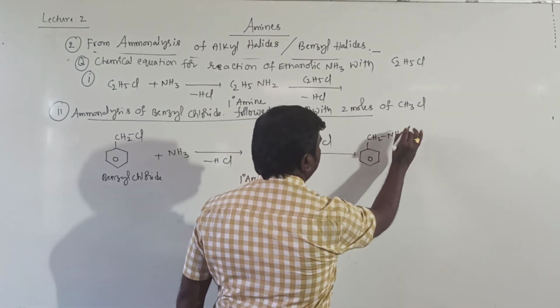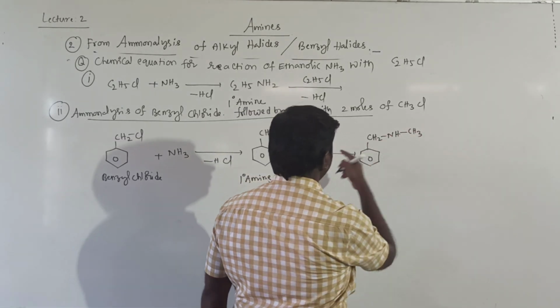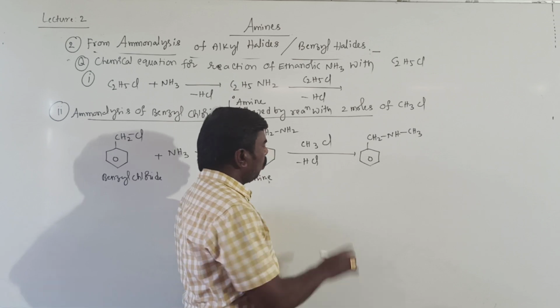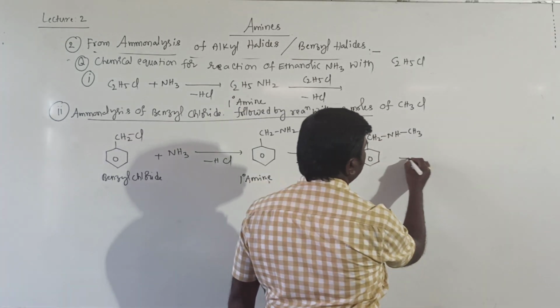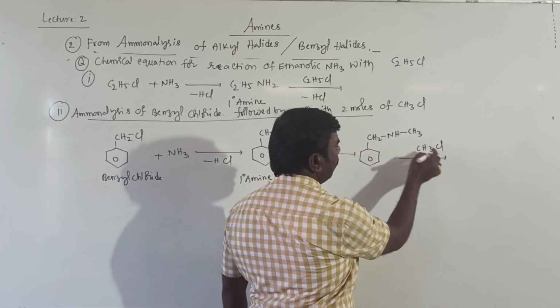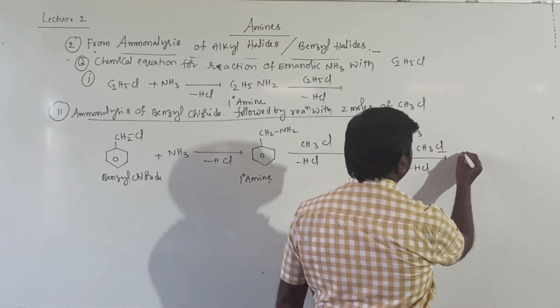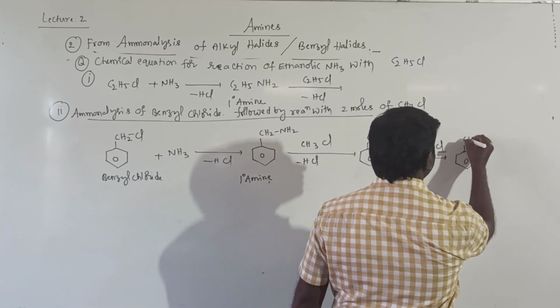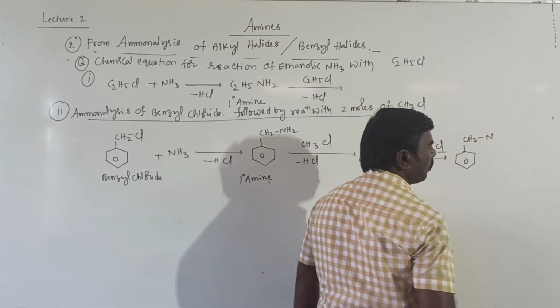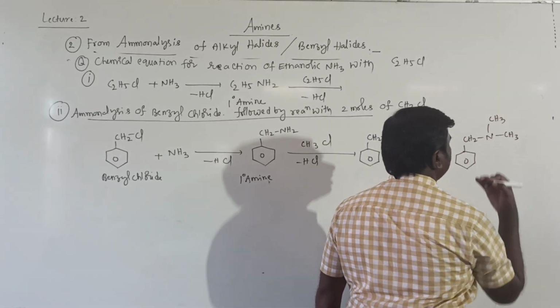We will get CH2 with NH, where the hydrogen is replaced by CH3. That is 1 mole completed. We want 2 moles, so 1 more mole should be taken. Then this hydrogen and Cl are removed again as HCl, and we get benzene ring, CH2, N with one CH3 already there and 1 more CH3.